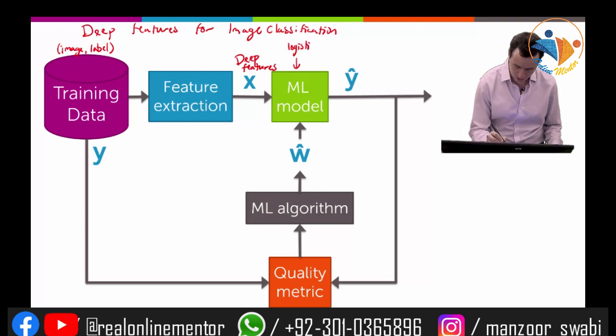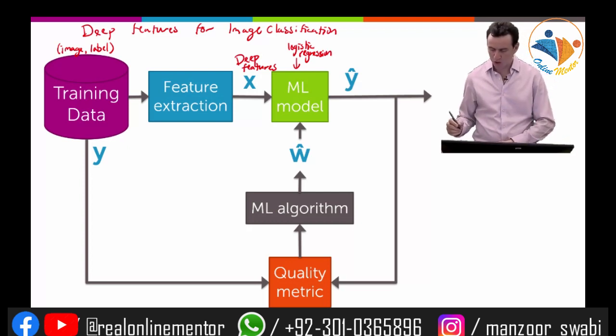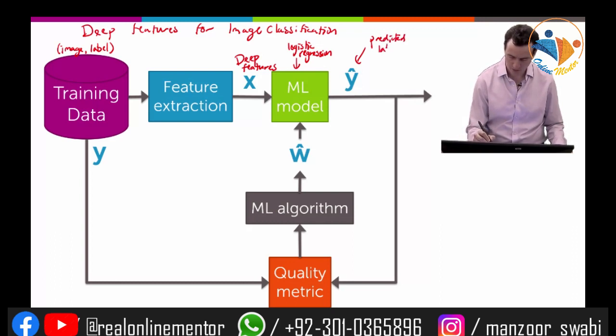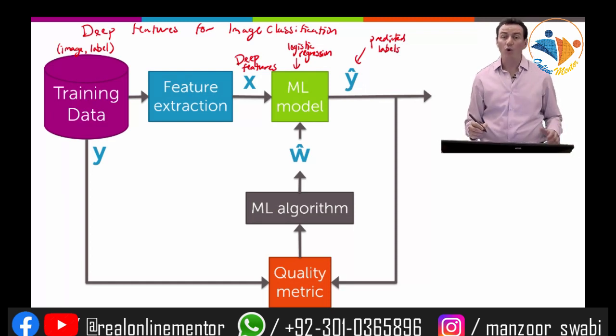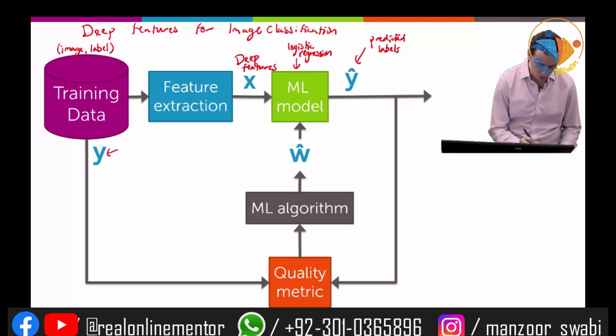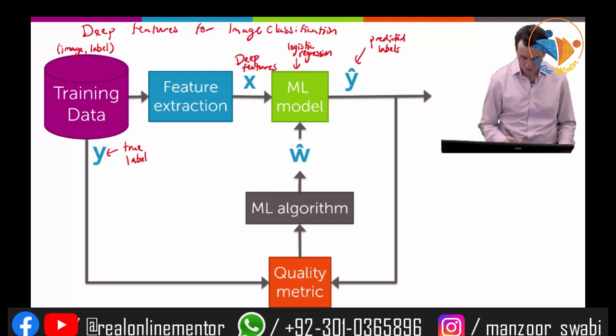Say logistic regression as an example. And the output is our predicted labels. And so we're going to feed in our predicted labels y hat and the true labels y into our measure of quality.